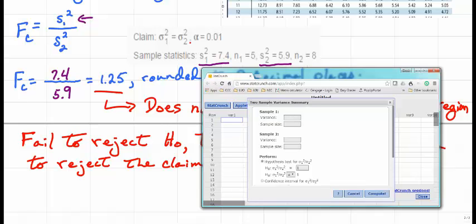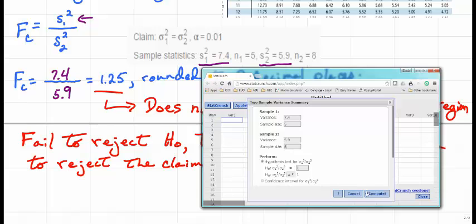So you're going to put the variance of the first sample, which is 7.4, into this field, your sample size, which in this case is 5, then your second variance is 5.9, and your sample size is 8.